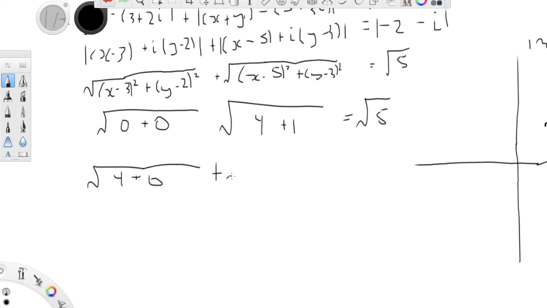Then 1 minus 5 squared equals 16, plus 2 minus 3 squared equals 1. And clearly, root 4 plus root 17 does not equal root 5. Hence it's not on this line here.